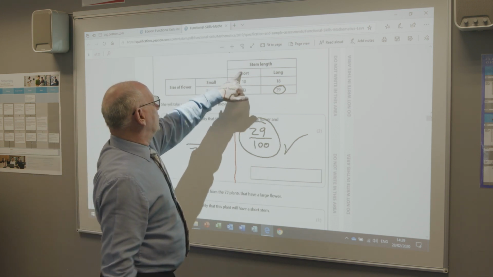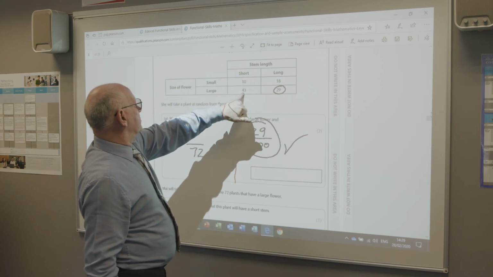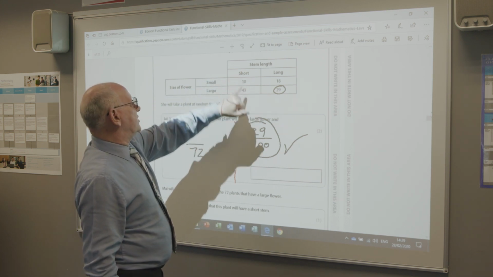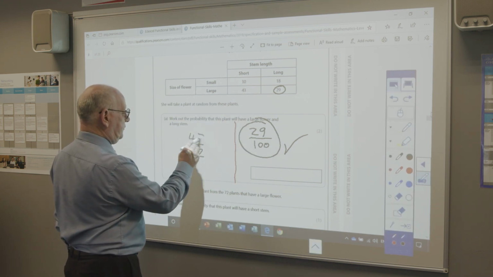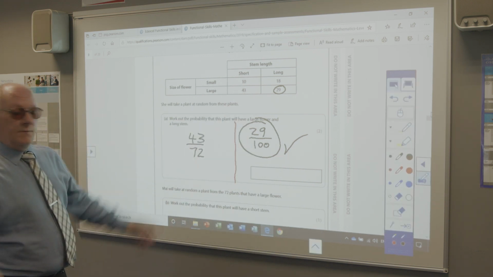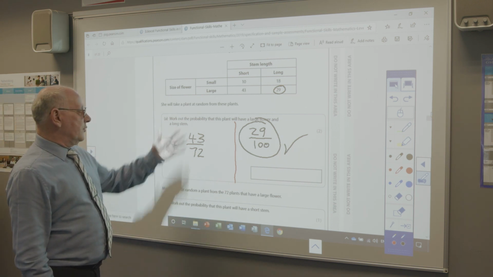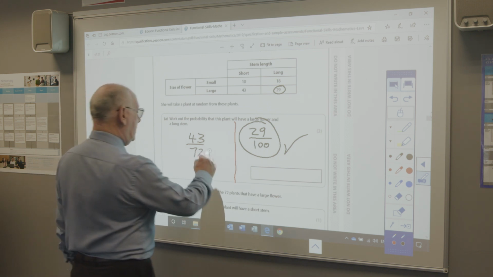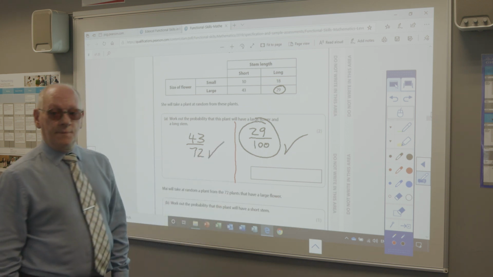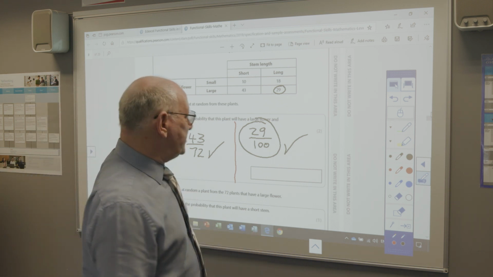Okay, so short, large flower is this. Short stem, large flower, 43 out of 72. Again, you can't cancel that down. There's nothing that'll go into 43 and 72. So you leave it as it is. And that's probability at level 2. That's how easy it is.